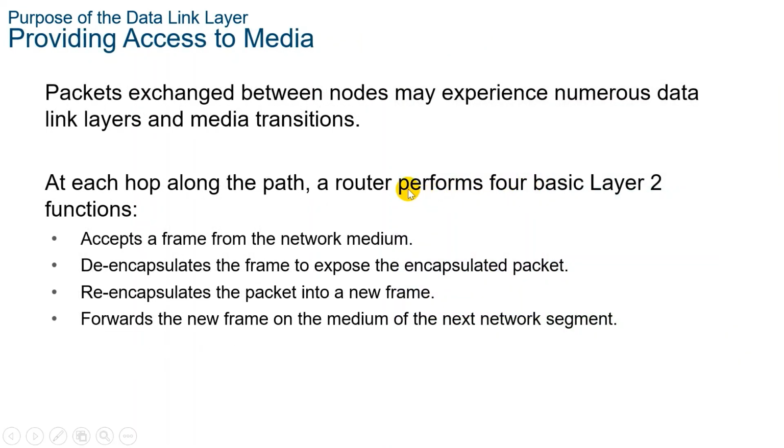Now, providing access to media. Each network environment that packets encounter as they travel from a local host to a remote host can have different characteristics. For example, an Ethernet LAN usually consists of many hosts contending for access to the medium, and the MAC sublayer resolves this.